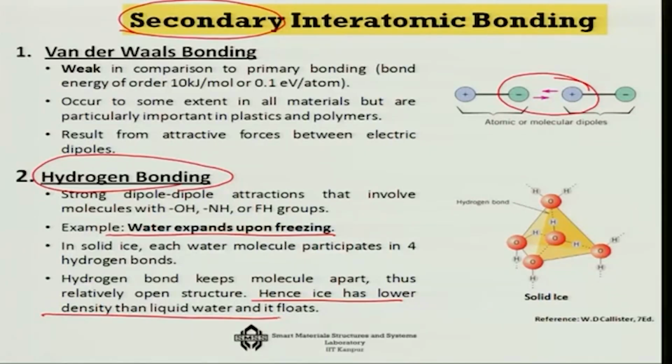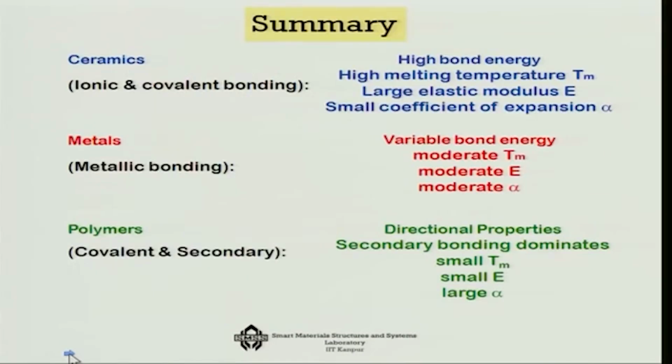That is one typical example of a hydrogen bond, but by and large both of these bonds are very weak. For example, the energy here is something like 10 kilojoule per mole, which is an order of magnitude lower than the ionic or covalent bonding.